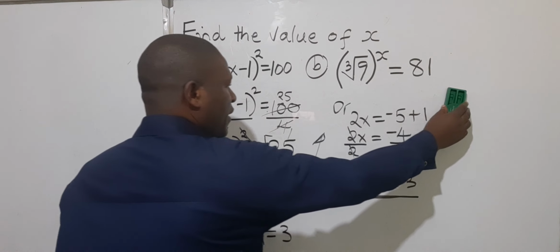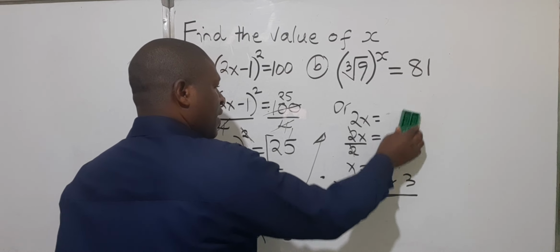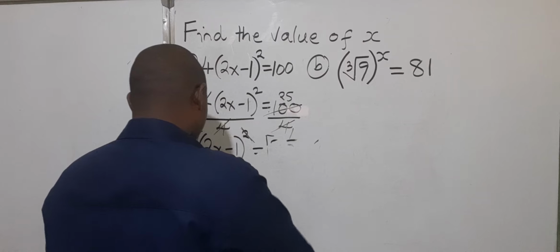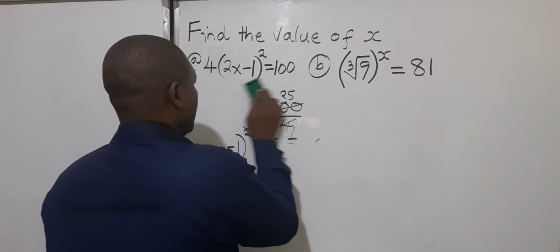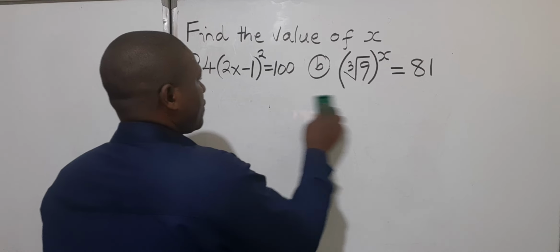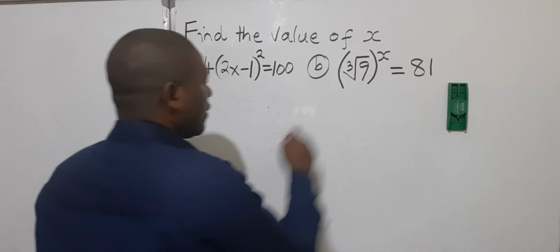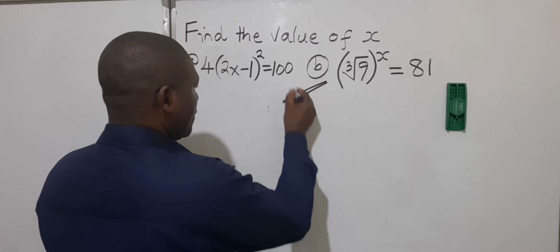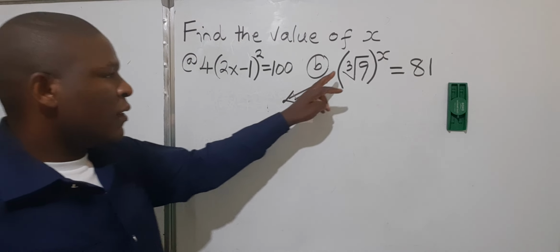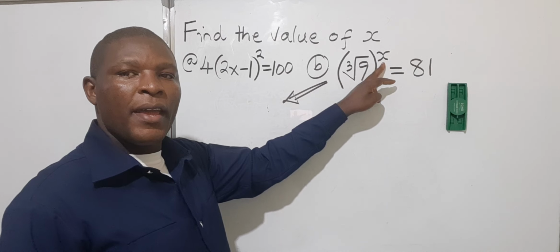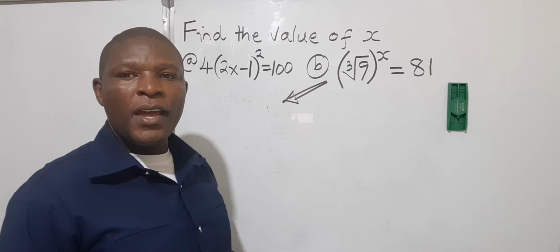Now we go to the second question, which is B. Okay, so we are looking at this question. This is the cube root of 9 in brackets raised to power x equals to 81.